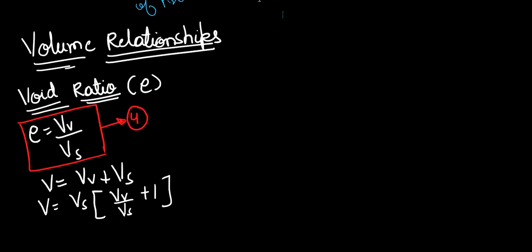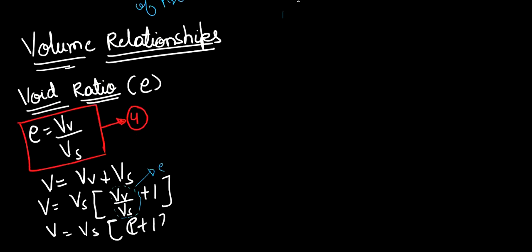Now this Vv upon Vs is nothing but E. So I will be getting total volume is equals to volume of solid into 1 plus E, or E plus 1.